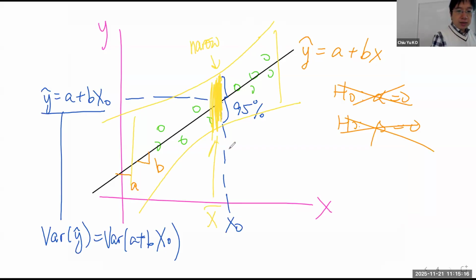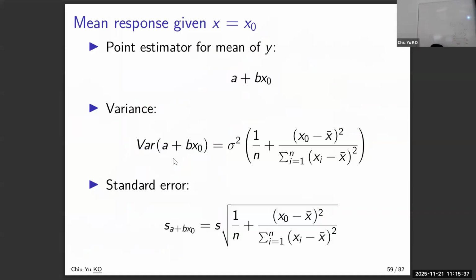The closer to x bar you are, the variance is very small. The further away from x bar, the variance is large. Why is it true? Actually, this is in the equation. Look at the equation again. If your prediction is far away from x bar, this variance is large.